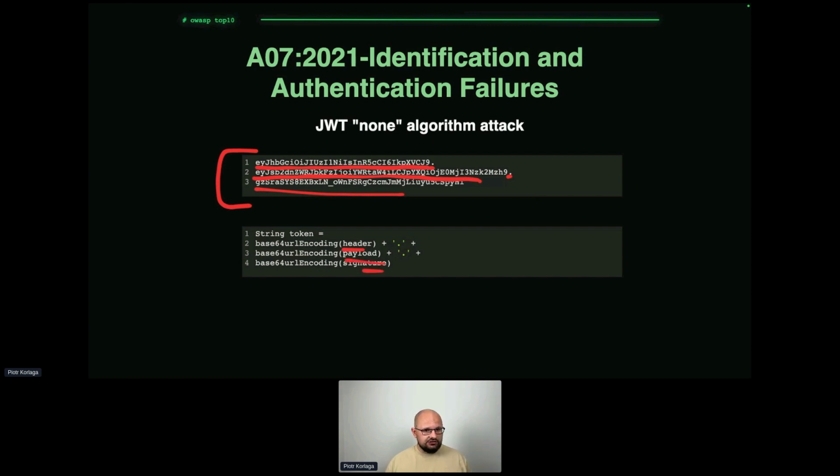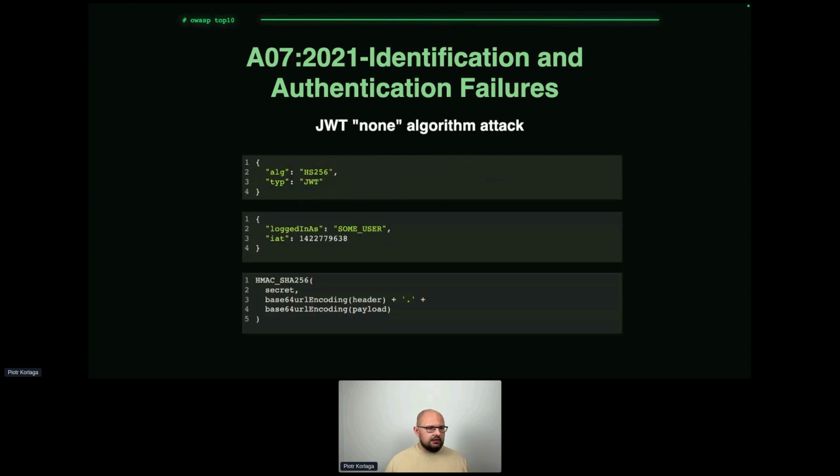And that's basically JWT. And that's how it looks in plain text. So this is the algorithm. This is the type, doesn't really matter. And this is what matters. So this is the role we're going to use. In that case, we're going to use the role some user.